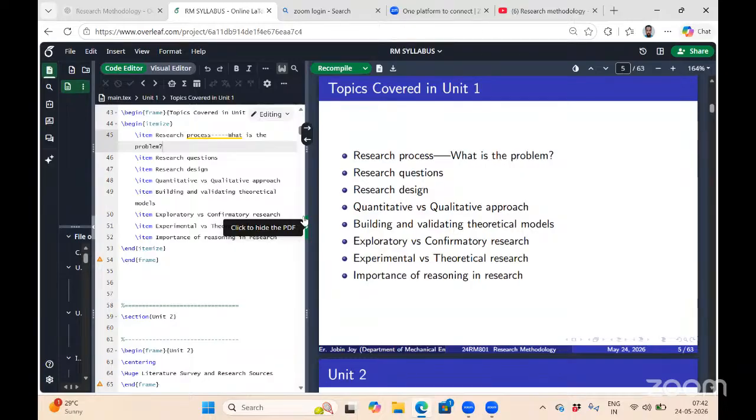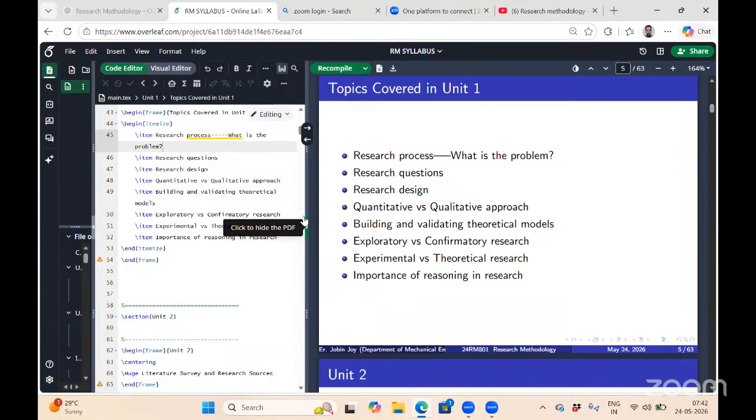Then the researcher selects a research design and collects data through surveys, experiments, or observations. For example, production data from industries may be collected. After data collection, data analysis is performed using different statistical tools, for example, R software.